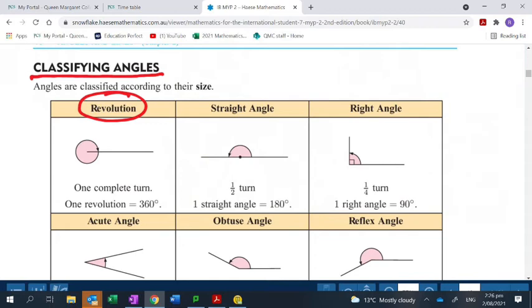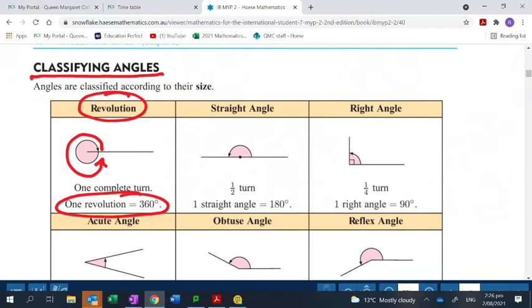In other words, it goes around all the way 360 degrees. So a revolution is basically a drawing of a line segment, isn't it? There's only one line there. So if it's one line, then the end of it makes what's called a revolution. What is a revolution all the way around? One revolution is 360 degrees. One revolution, full circle around.